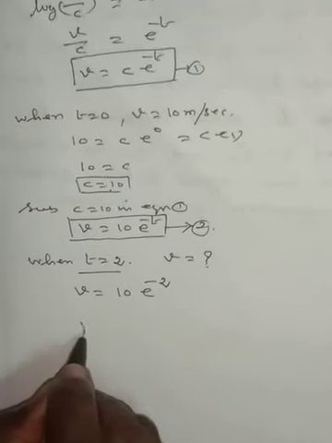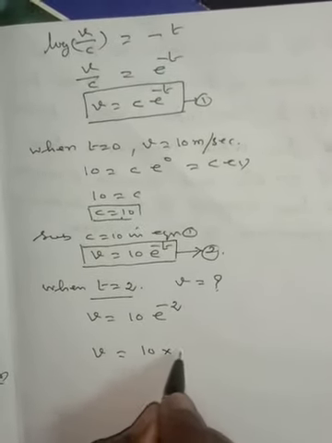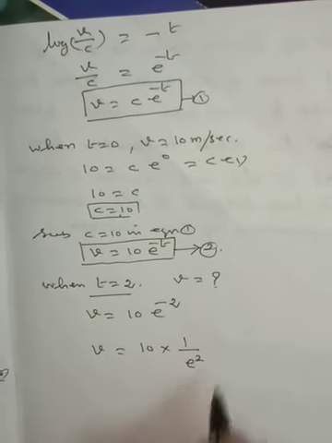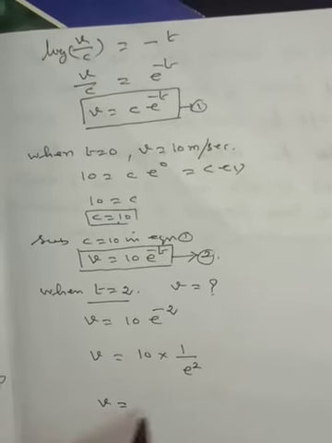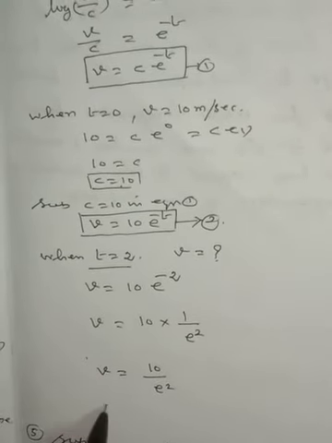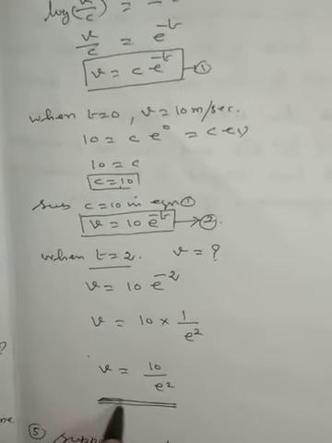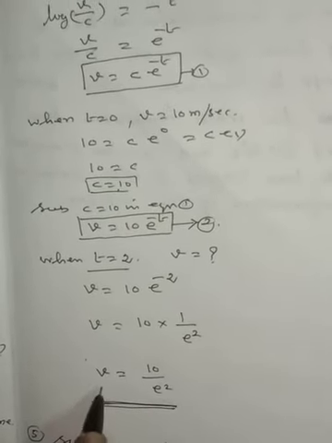This can be written as V is equal to 10 into 1 by e to the power of 2, that is, V is equal to 10 by e square. Hence the velocity after 2 seconds.